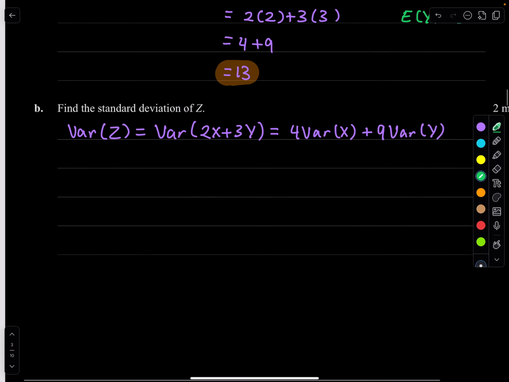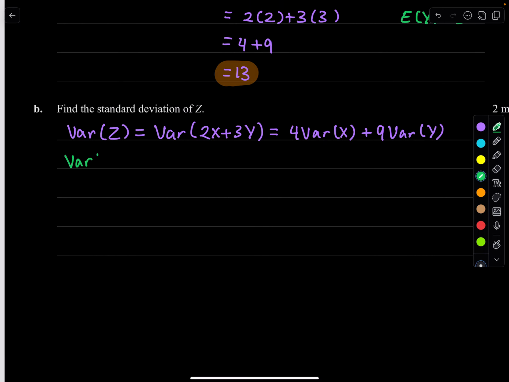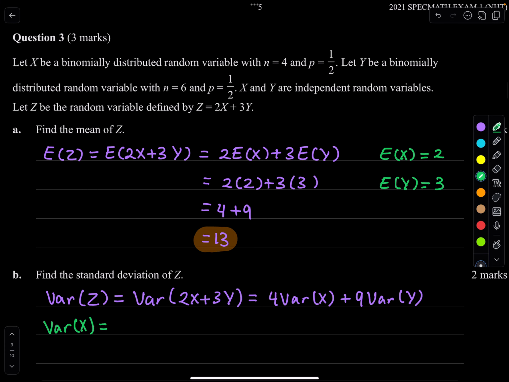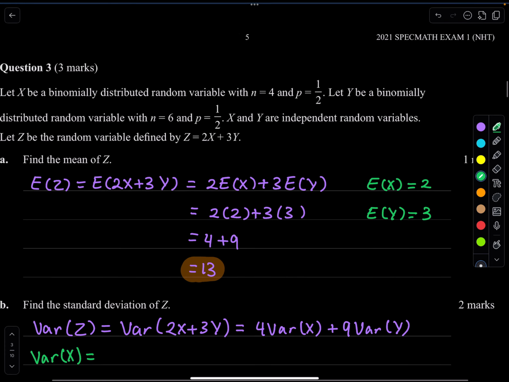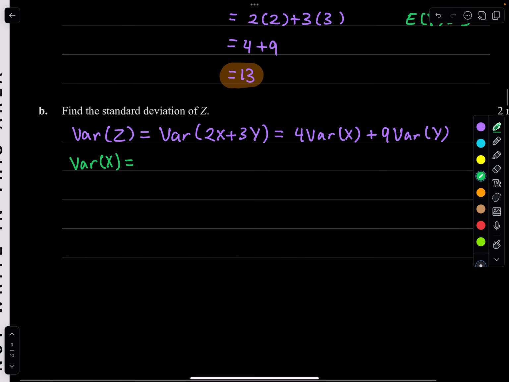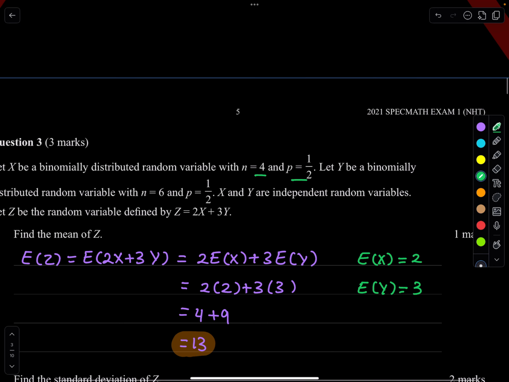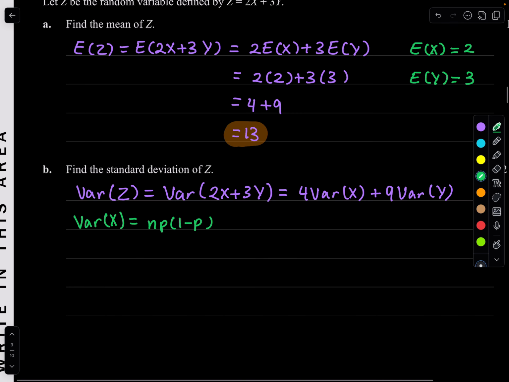Now what's our variance? Well, let's look at this. The variance of X is what? For a binomial distribution, the variance is np(1 minus p). In this example for X, it's 4 times a half, which is 2, and then 1 minus a half, which is just a half, so half times 2 is 1.